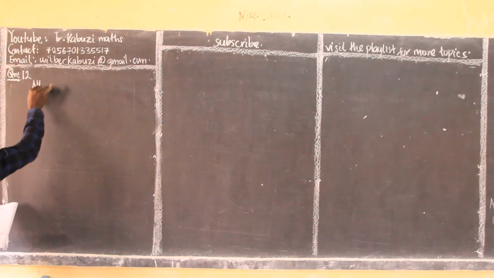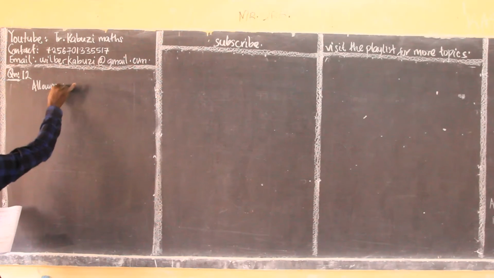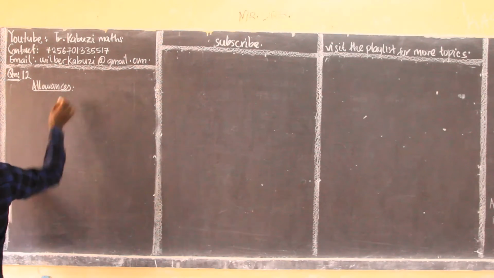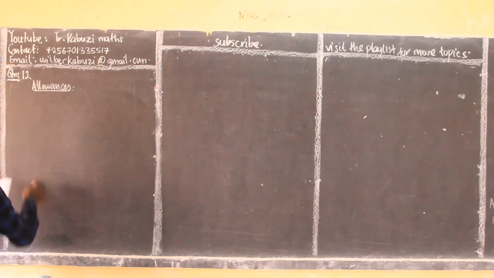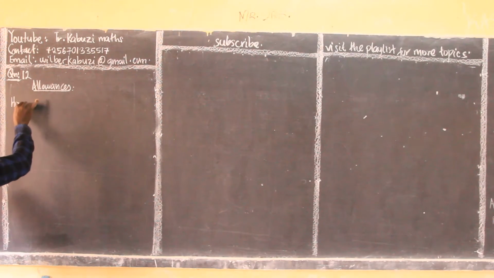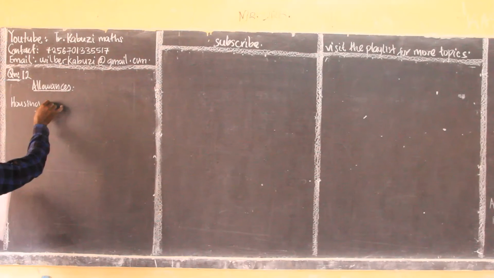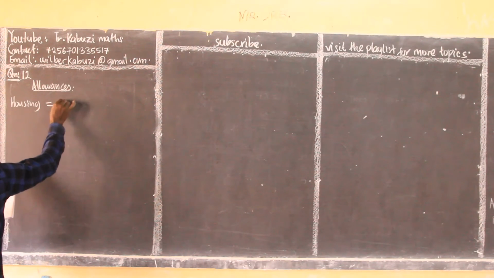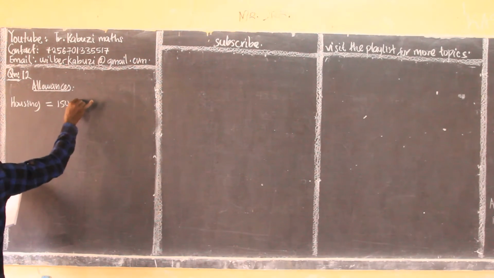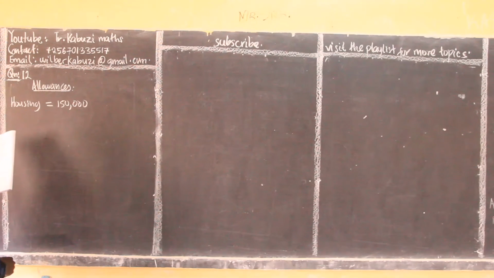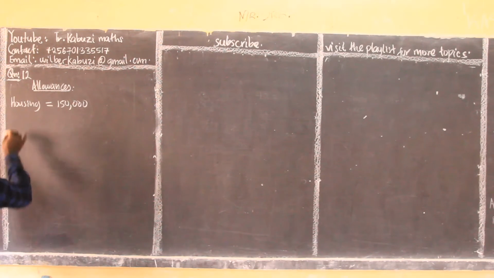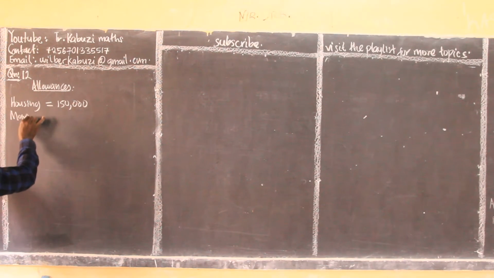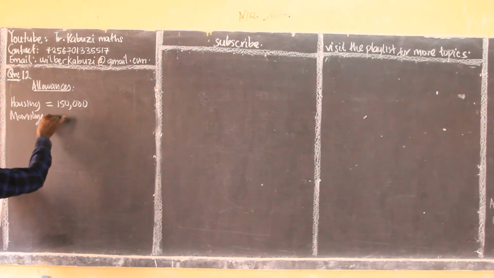So now when I come to my allowances here, first of all, we have housing allowance. Our housing was taking 150,000 per month. Then we come to marriage. She's married, so she's taking also that allowance.